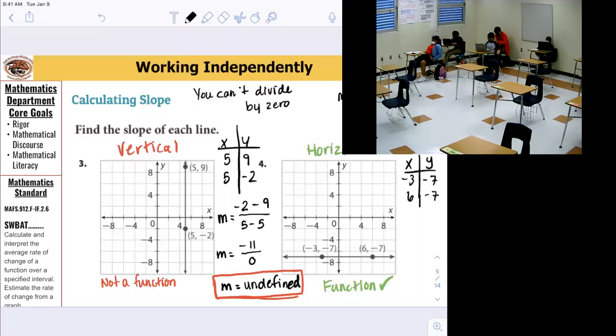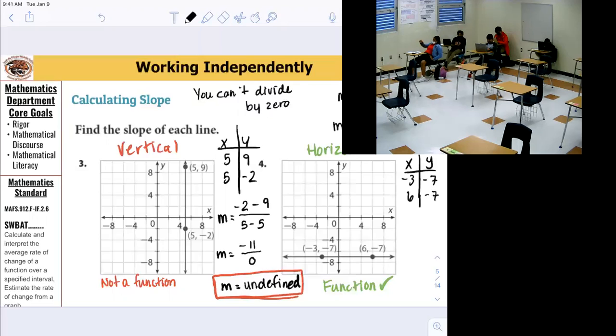Plugging that into my formula, I would have negative 7 minus negative 7, my bad, over 6 minus negative 3. Because I have double negatives, this is negative 7 plus 7 over 6 plus 3, which would be 0 over 9.